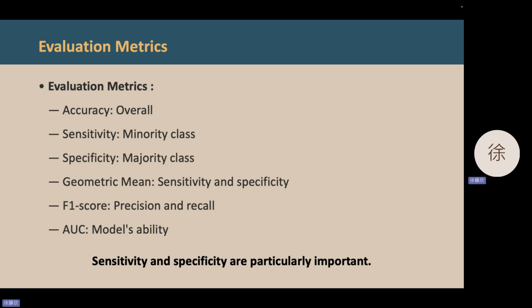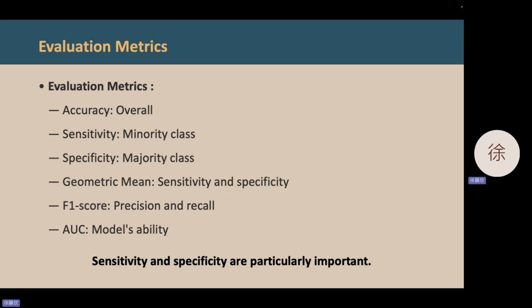First one, accuracy is the overall percentage of correct predictions, and sensitivity is the percentage of correctly predicted minority class. It means the disease. The third, specificity, is the percentage of correctly predicted majority class. It means the healthy people.